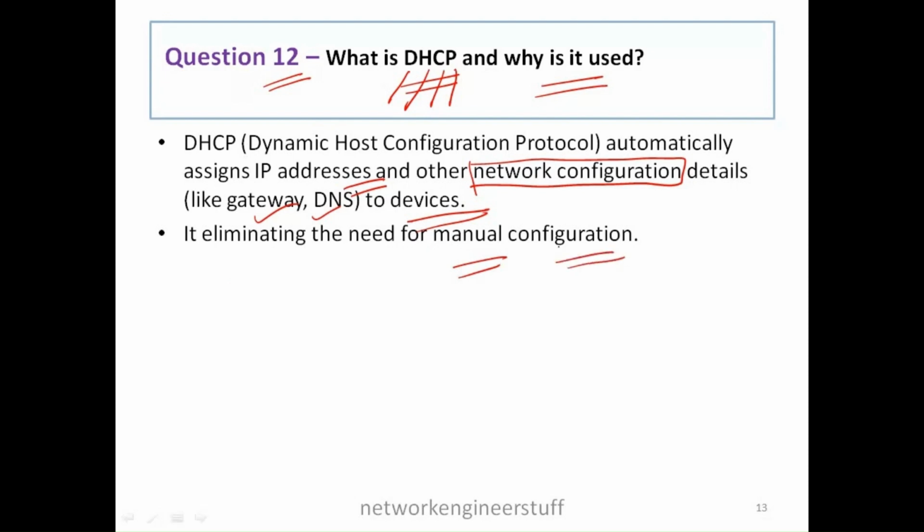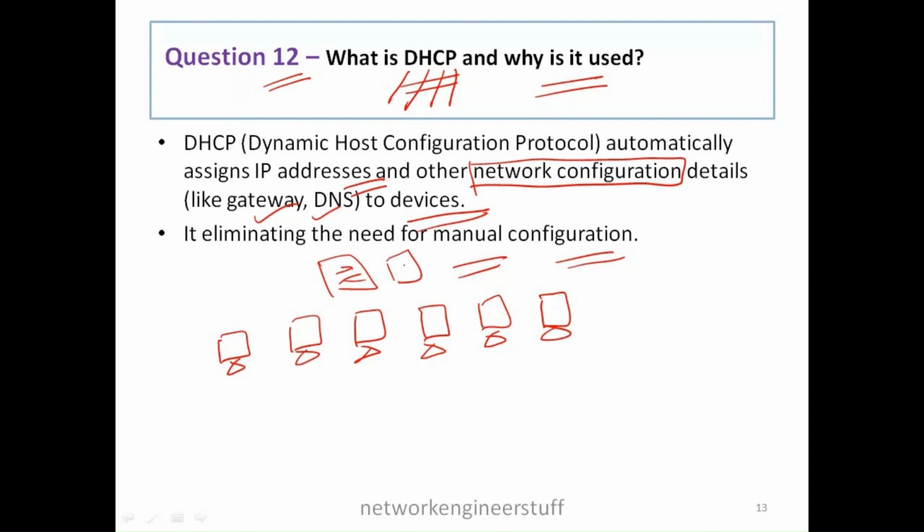So, in one of the networks, let's say there's a campus network and we have multiple PCs or hosts or workstations, anything, in our network. Let's say they're connected to some switches.